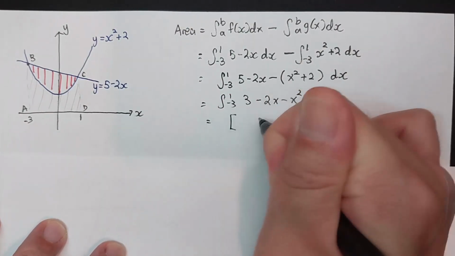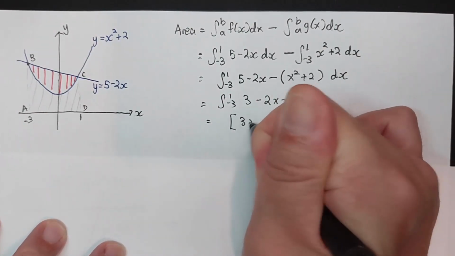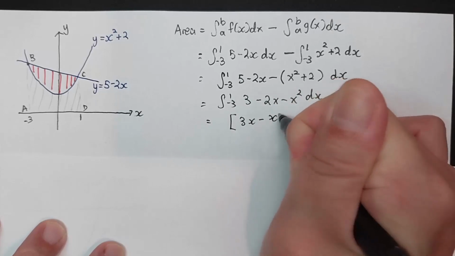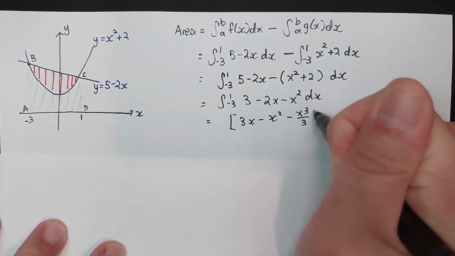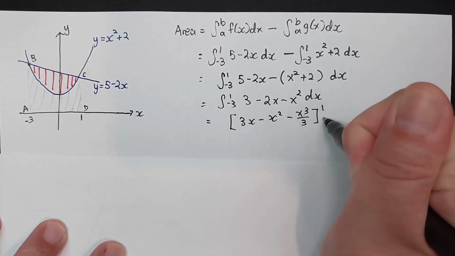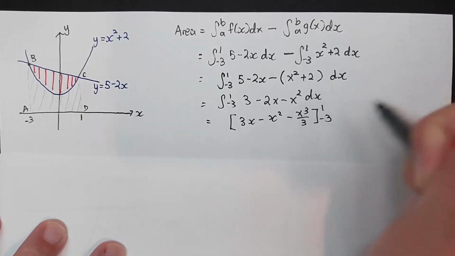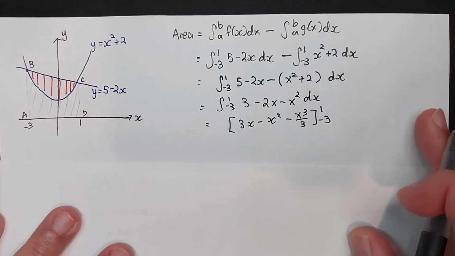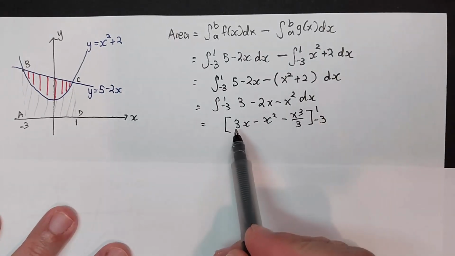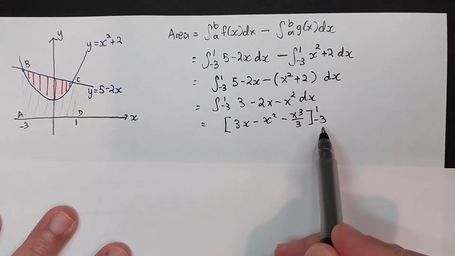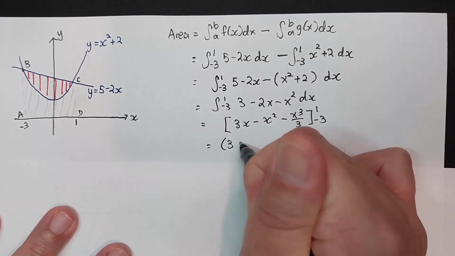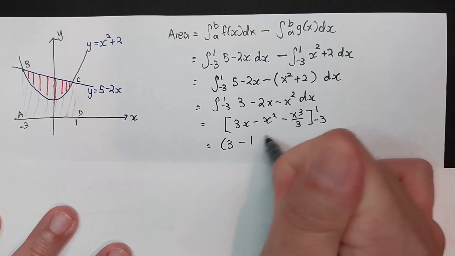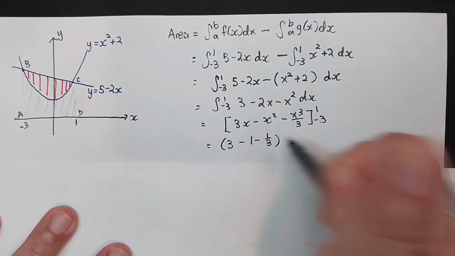If we integrate now, we will get 3x minus x squared minus x cubed over 3. The upper limit will be 1 and the lower limit will be negative 3. If we substitute in 1, we will have 3 minus 1 minus 1/3.